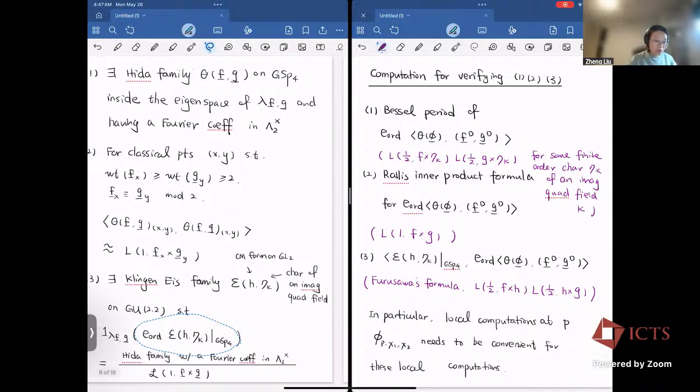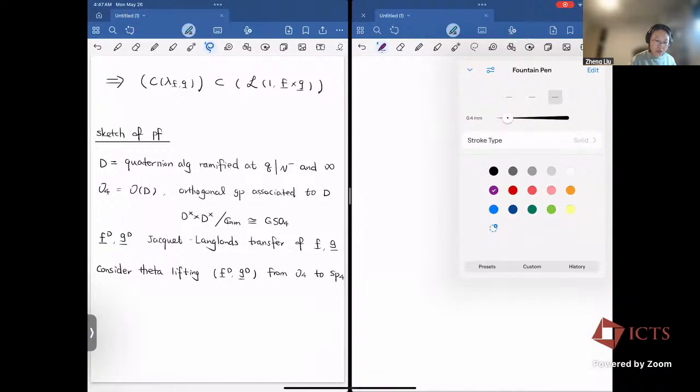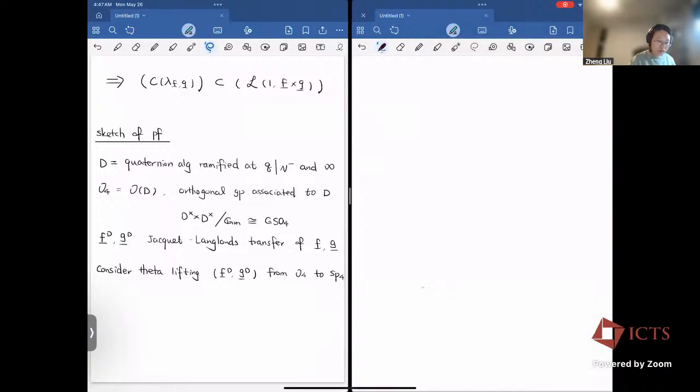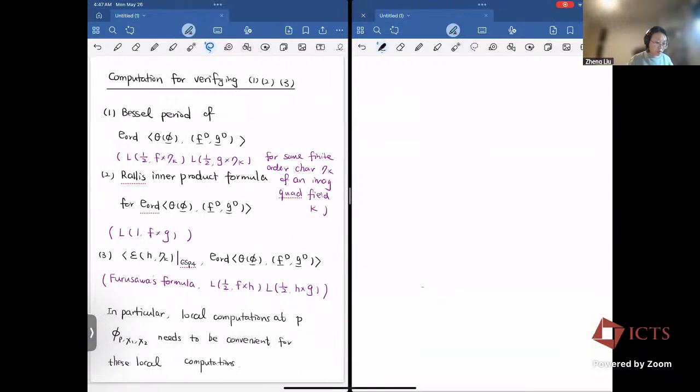Okay, so next I'm going to describe our choice for this Schwartz function, in particular the one at p. For the choice away from p, we're going to put a constant independent of chi1 and chi2.